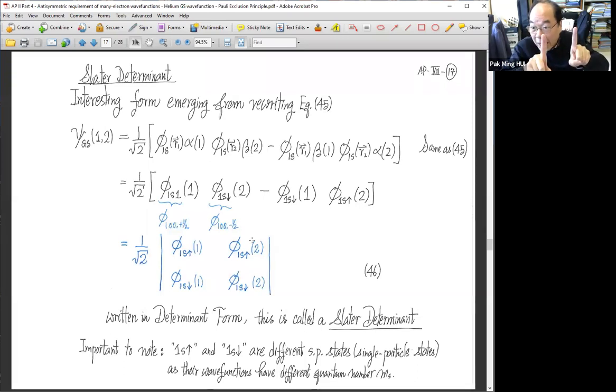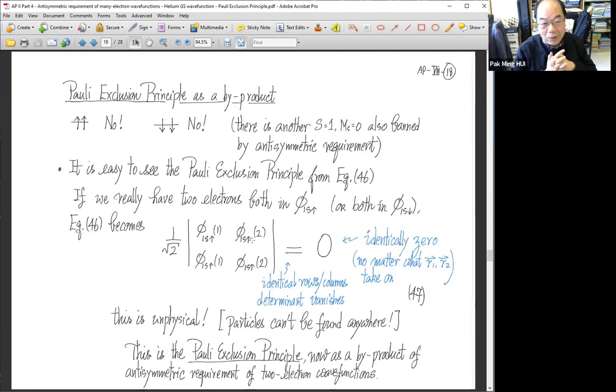And once upon a time, when you learn determinant, this is, well, the first property or so. You switch two columns, the determinant is off by a sign. You know that, right? So this is a very clever way to construct 3 electron wave function, 4 electron wave function, or n electron wave functions. Okay?